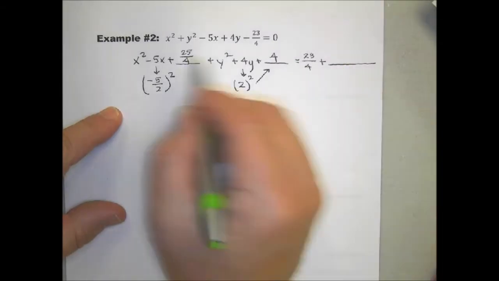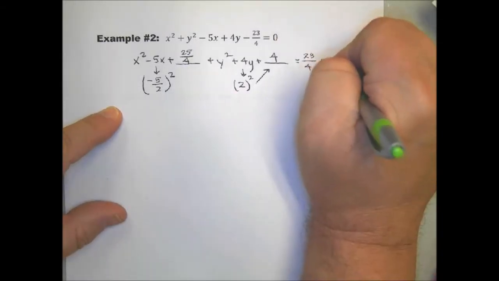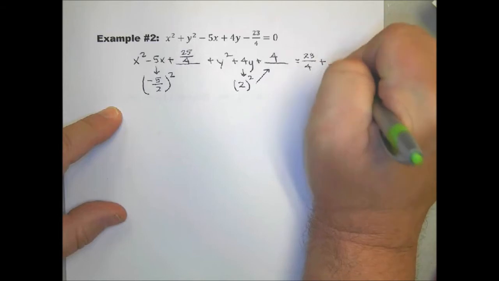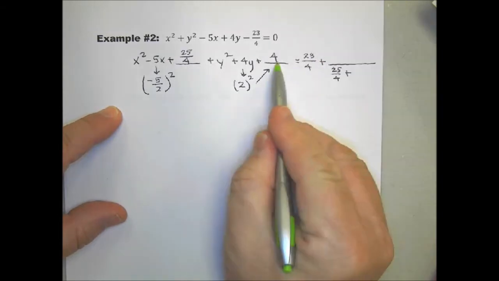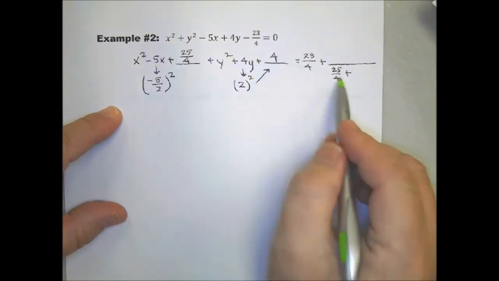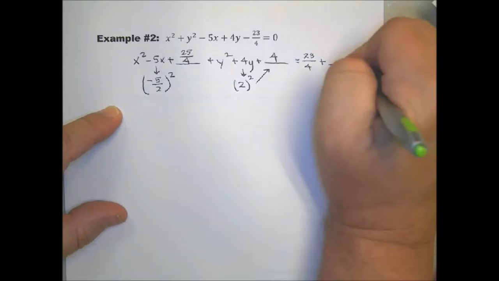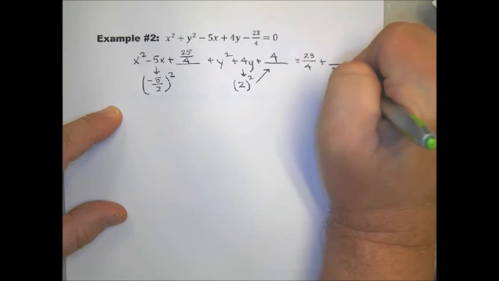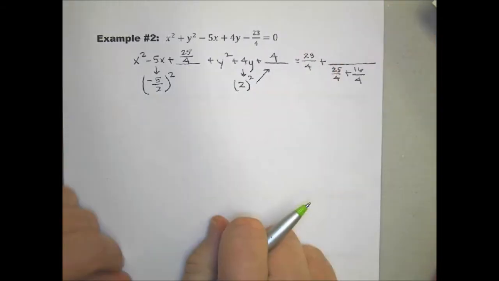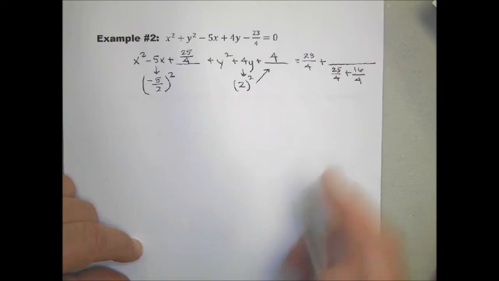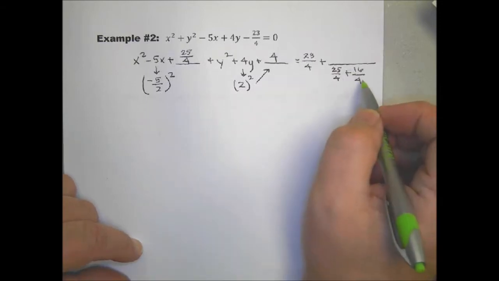Well, we have to add the 25 fourths and the 4, but we need to have common denominators to put all this stuff together, so that 4 would be 16 fourths. So that actually turns out to be 41 fourths.